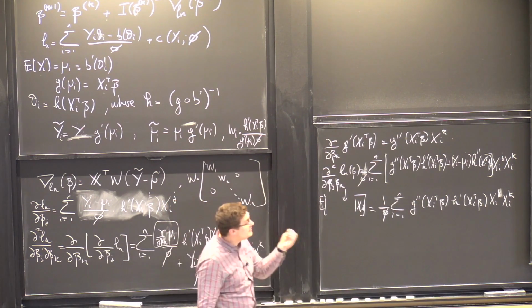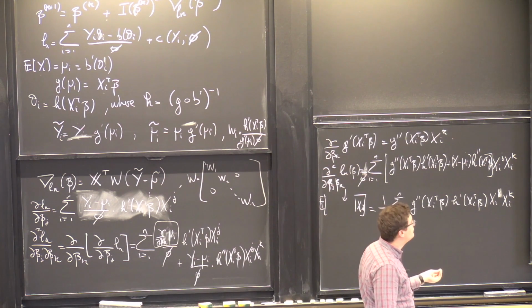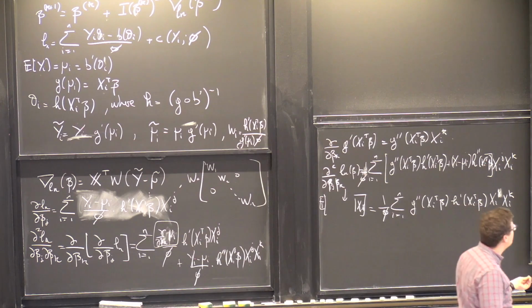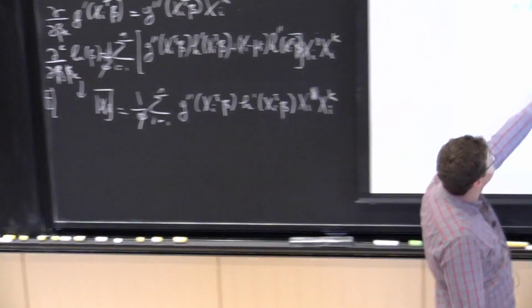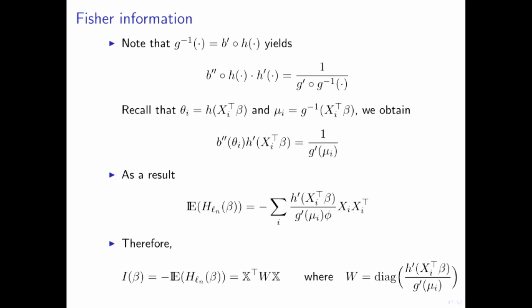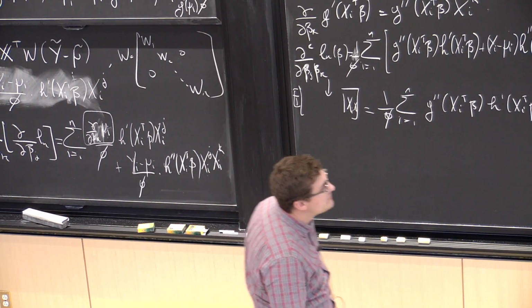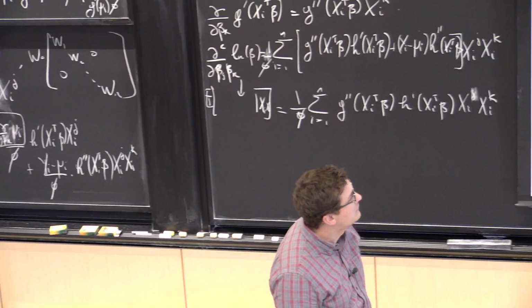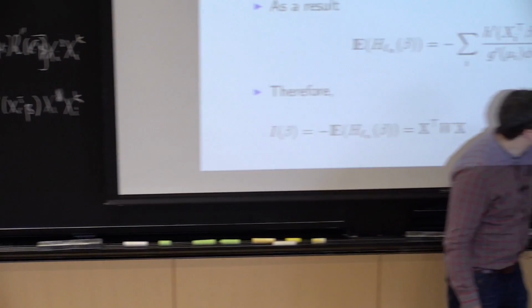So I need to have g prime show up, and that's where I'm going to have to make a little bit of computation here. Oh, actually, I'm missing the phi over there. There should be a phi here.